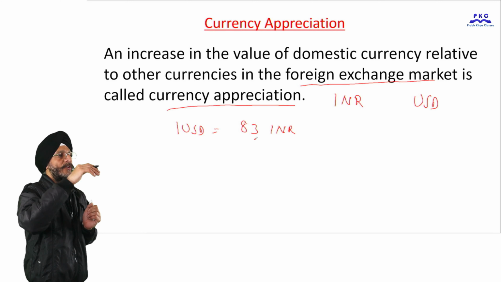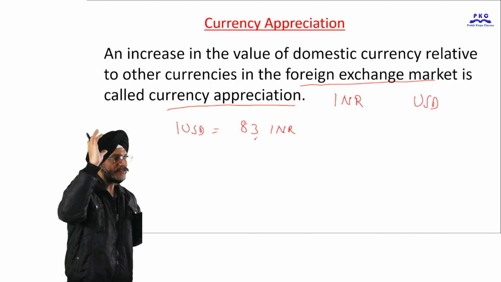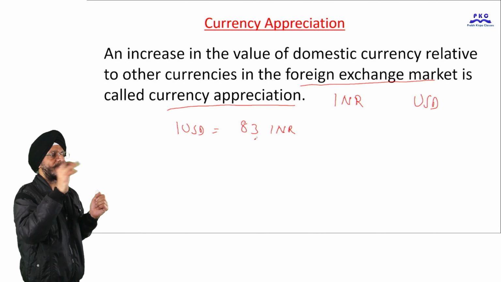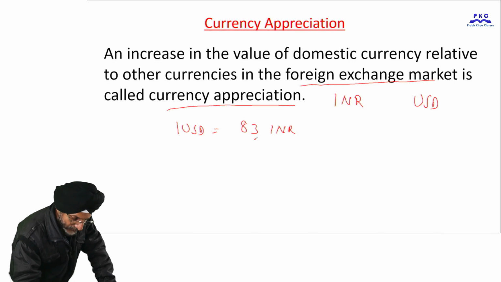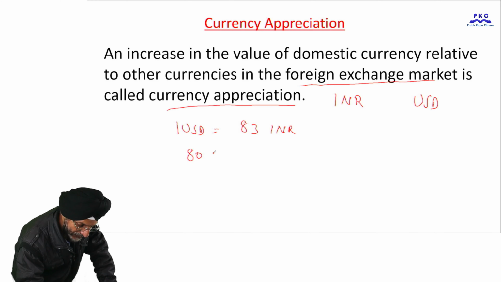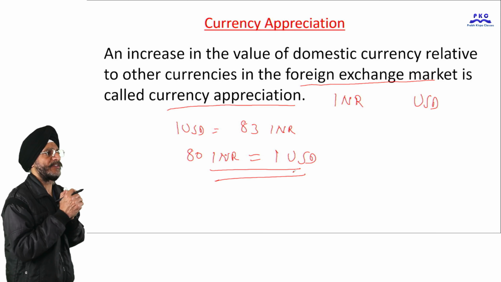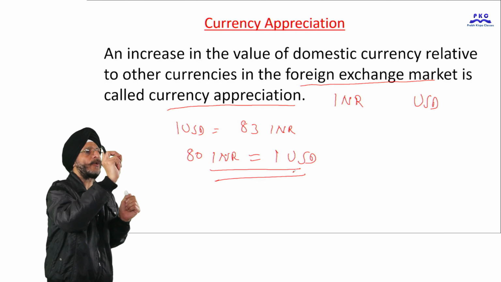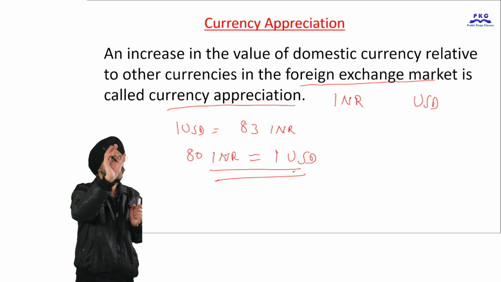So, if due to some reasons like political stability, investors' improved confidence, and demand and supply considerations, suppose the Indian rupee appreciates and 80 Indian rupee become equal to 1 US dollar. So this is currency appreciation. Earlier we had to pay 83 Indian rupee to get 1 US dollar, but now we have to pay only 80 Indian rupee.